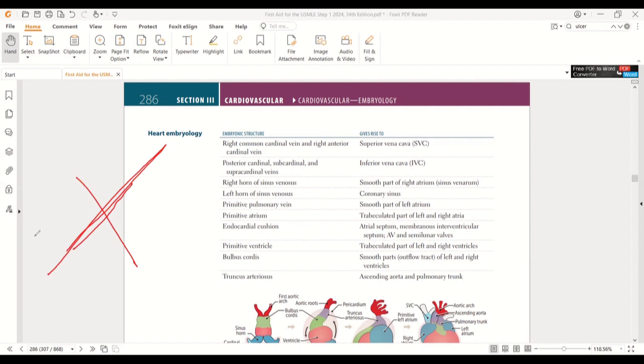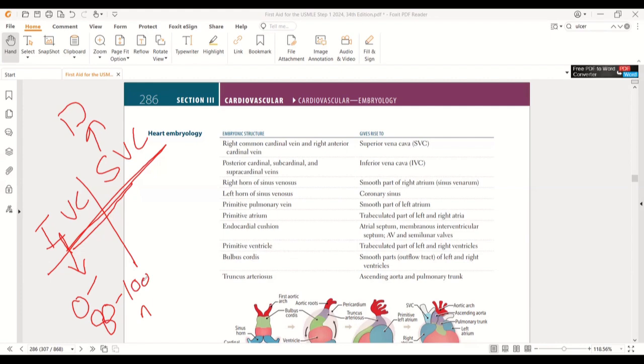What is the question? Superior vena cava. So the superior vena cava has deoxygenated blood, and the inferior vena cava has oxygenated blood. Oxygenated blood means the partial pressure of oxygen is 80 to 100 millimeters of mercury, and deoxygenated blood means the partial pressure of oxygen is almost 40 millimeters of mercury, right?